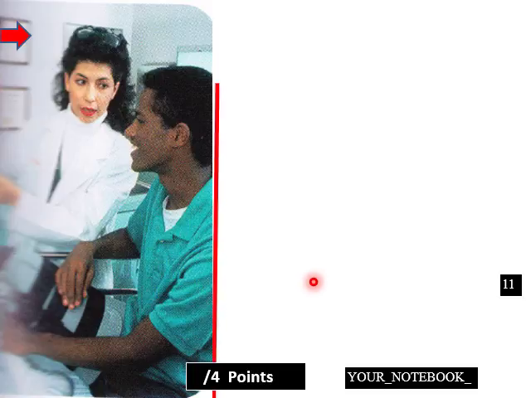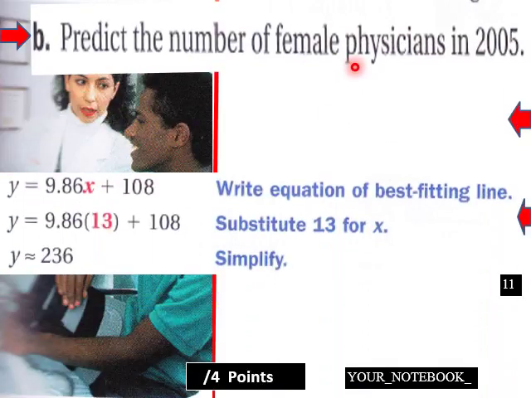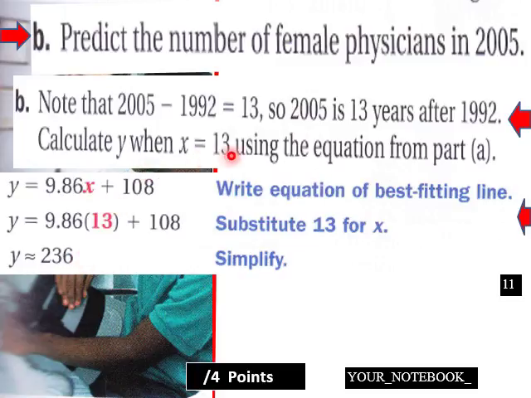And finally, predict the number of female physicians in 2005. So that's 13 years after 92, so we plug that in for x. And we get 236 for our number of female physicians using that data.